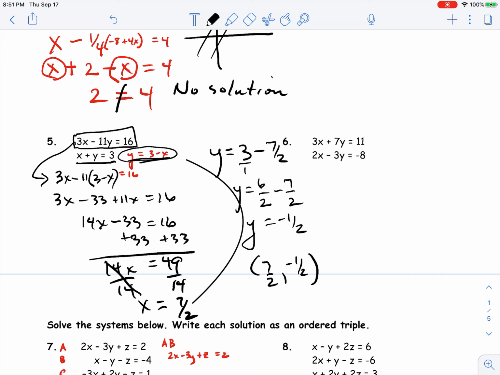And since I don't have room, I'm going to check it down here, and I just know that, yes, it does work. What we end up finding out is that these are consistent. They intersect in this point right here, and these two equations are independent. They are not on top of each other, and they are, of course, not parallel.